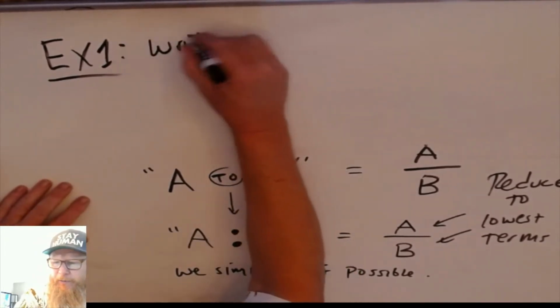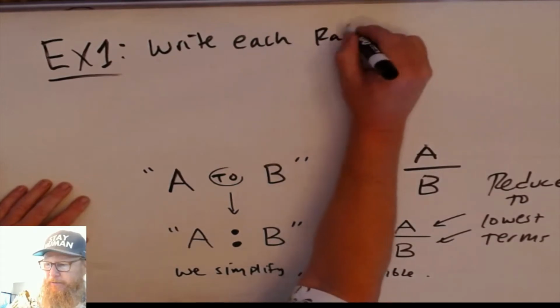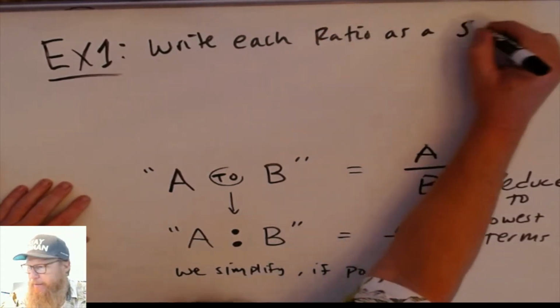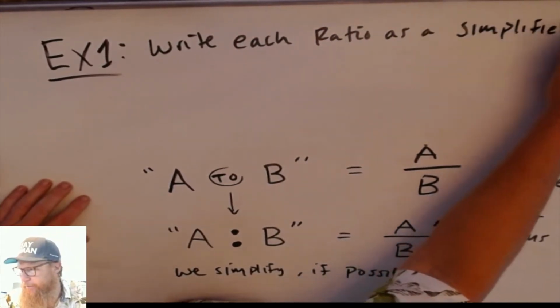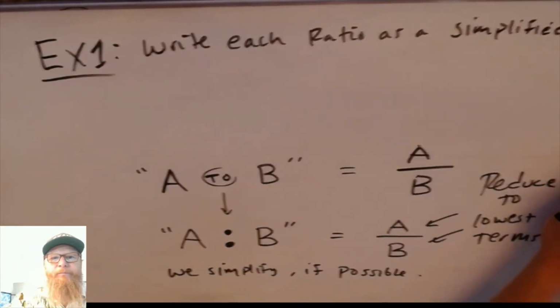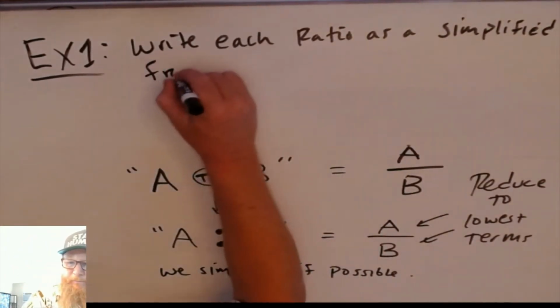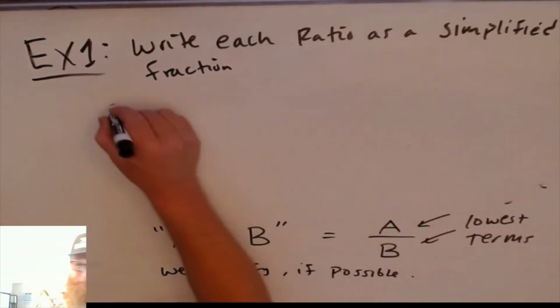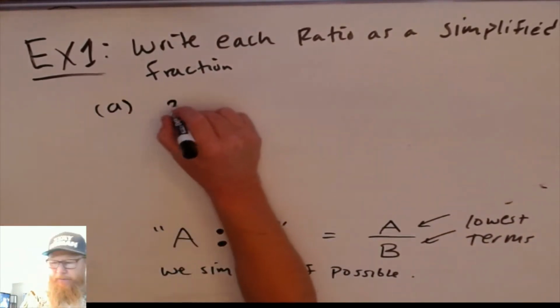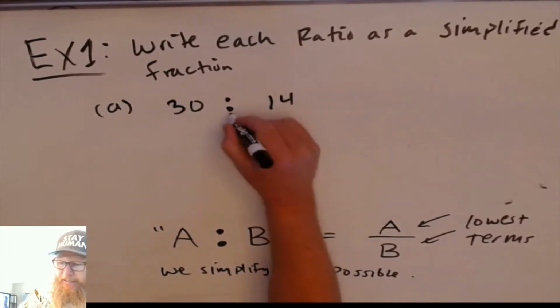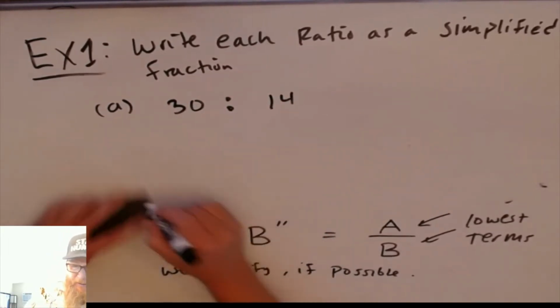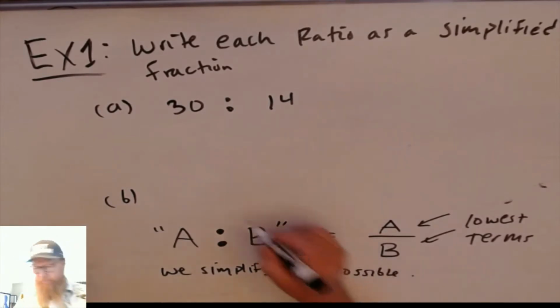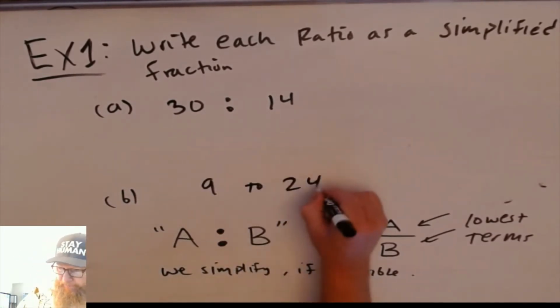So write each ratio as a simplified fraction. So 30 to 14, or I could say 9 to 24.